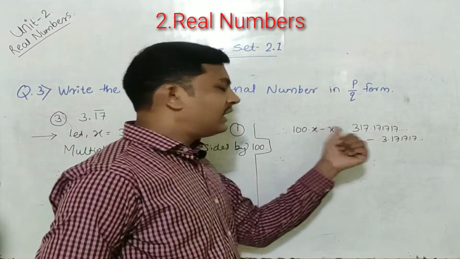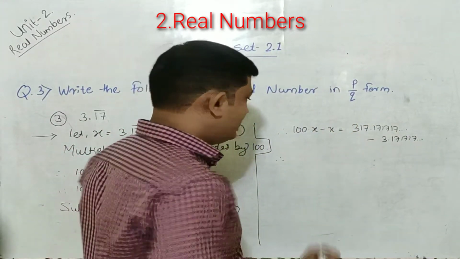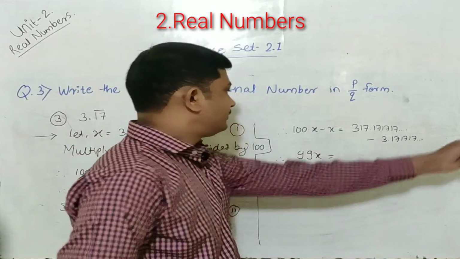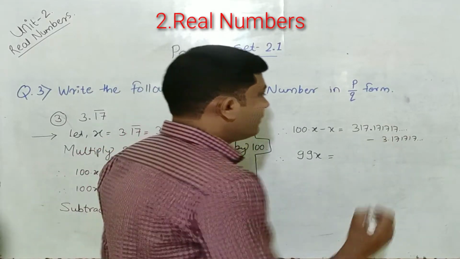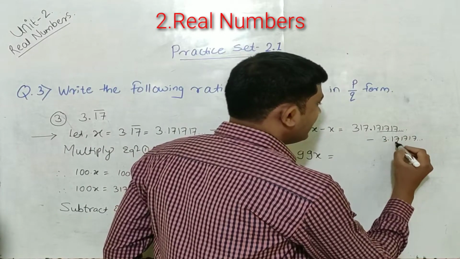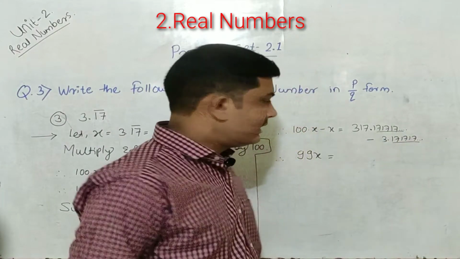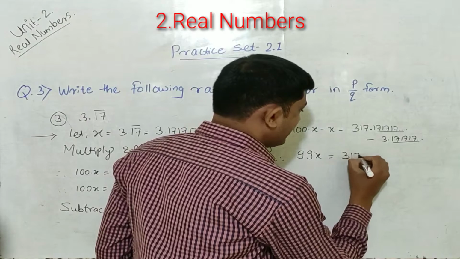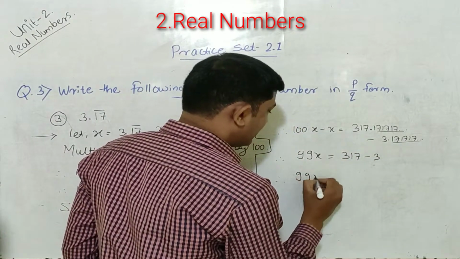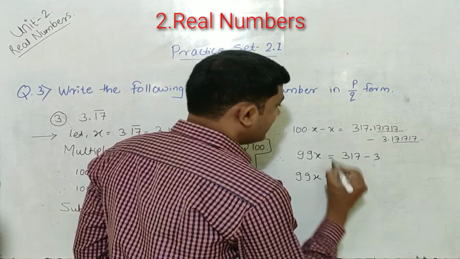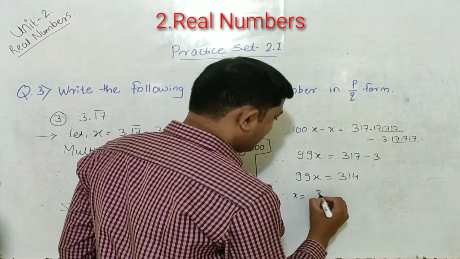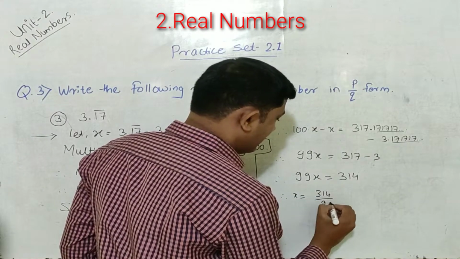Here we get 100x minus 1x, which is 99x. Since there are the same numbers after the decimal, the subtraction will be 0, that is 0.1717 is subtracted from 0.1717. Therefore it remains 317 minus 3. So 99x is equal to 314. Therefore x equals 314 divided by 99.